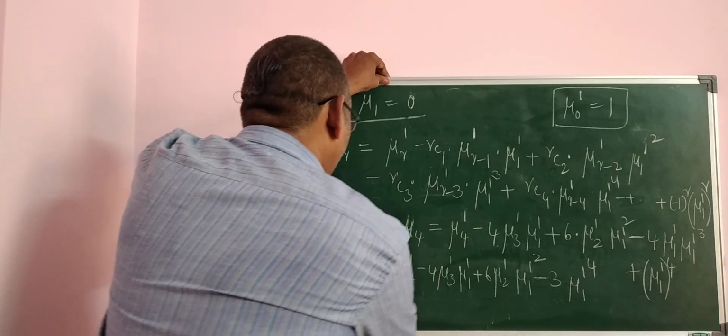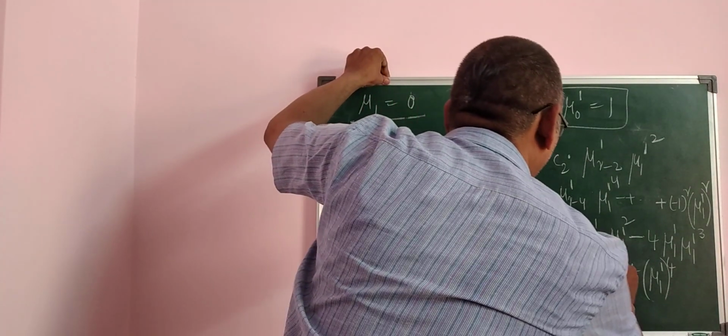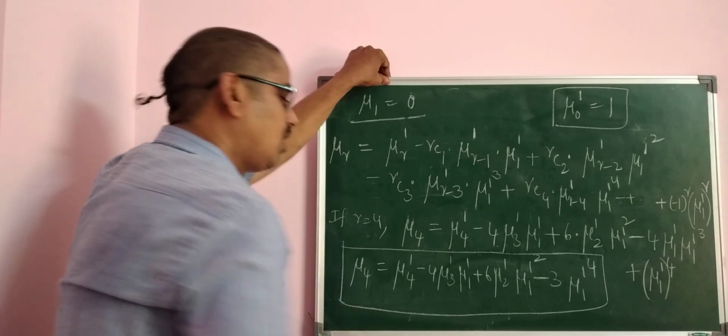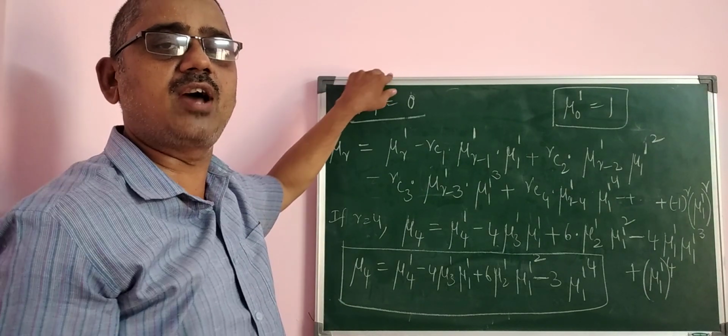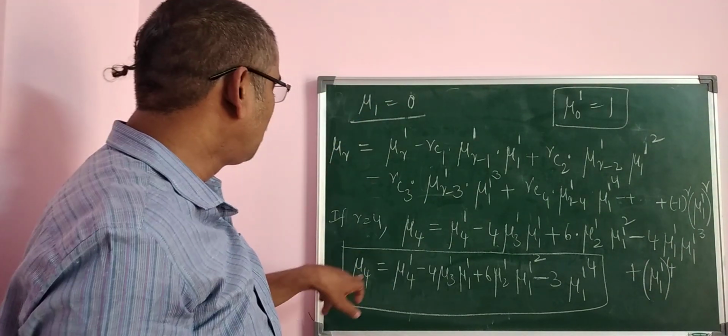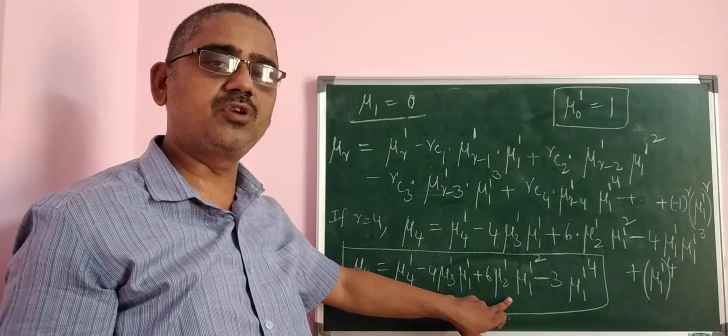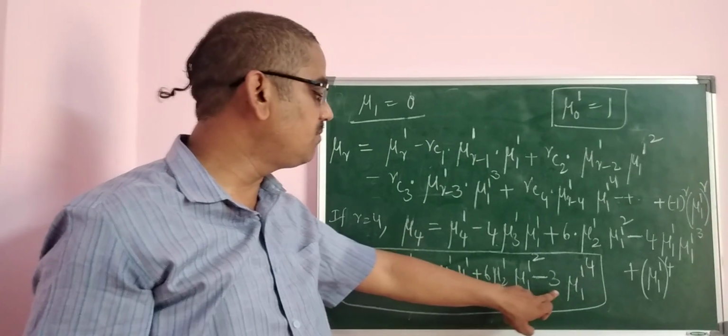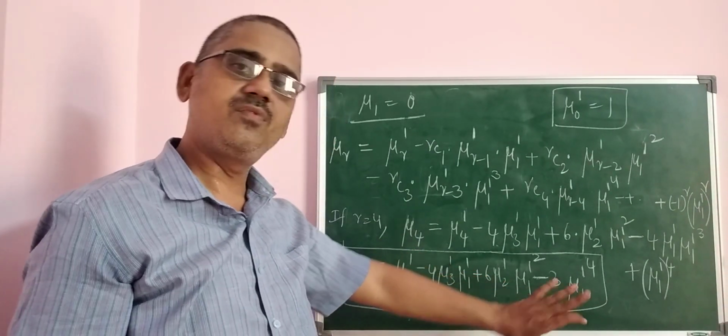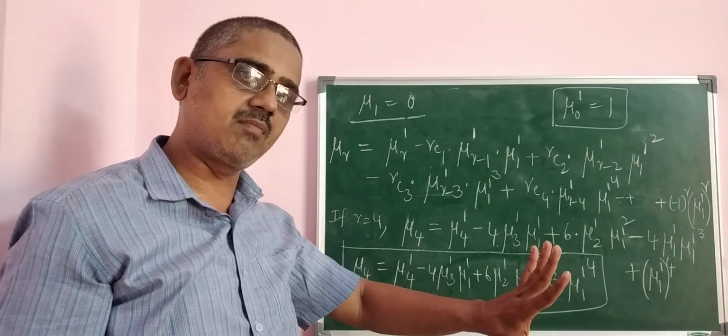This is the relation between mu 4, the fourth moment, and the non-central moments mu 1 dash, mu 2 dash, mu 3 dash, mu 4 dash. So mu 4 is equal to mu 4 dash minus 4 mu 3 dash mu 1 dash plus 6 mu 2 dash mu 1 dash square minus 3 mu 1 dash whole power 4. So the cube term is not there, remember.